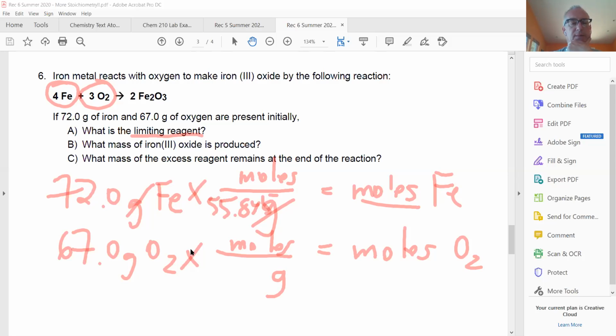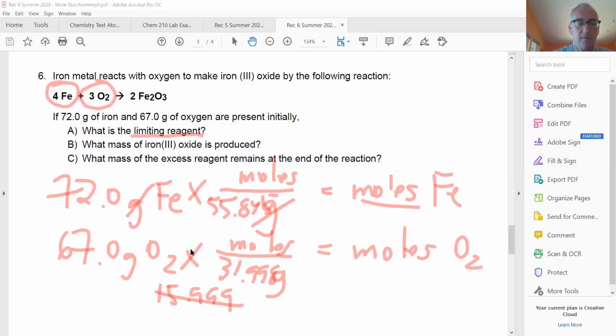And for oxygen? Oxygen's 15.999, right? So is that what I put in there? You have to multiply it by 2. Yes, there's 2 atoms. So we just take our 15.999 and multiply it by 2, so 31.998.